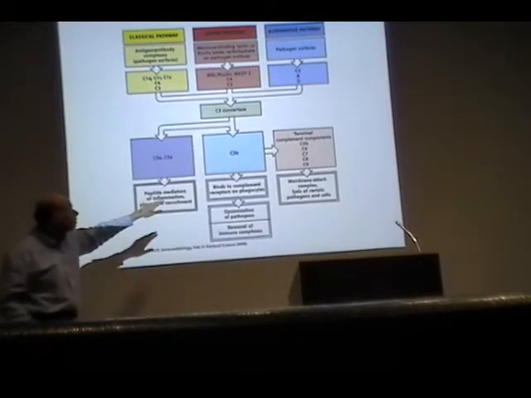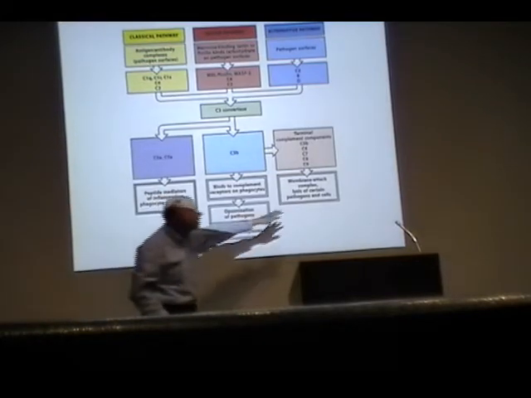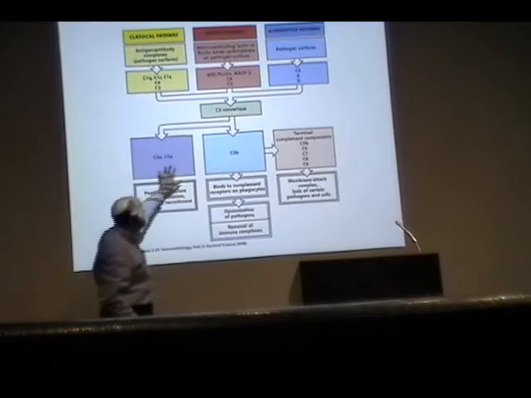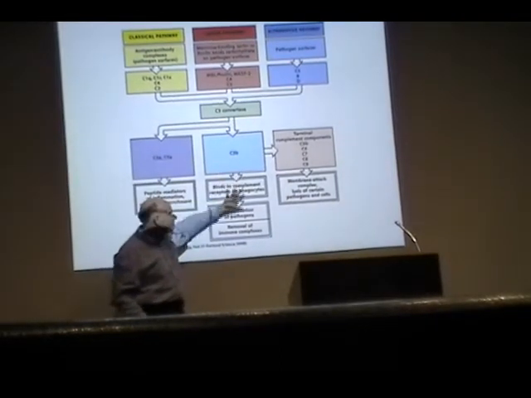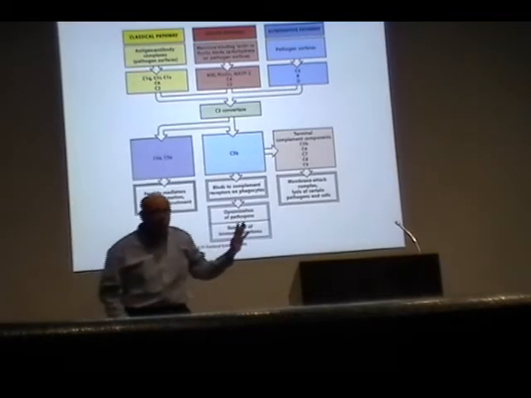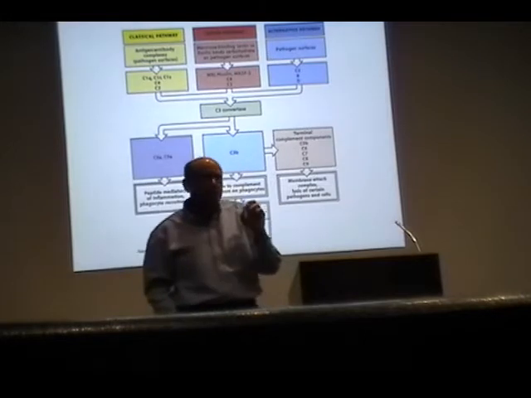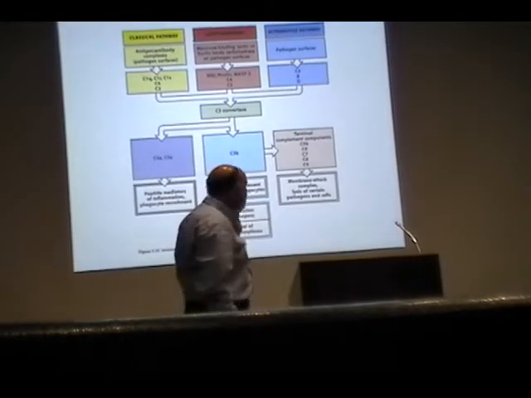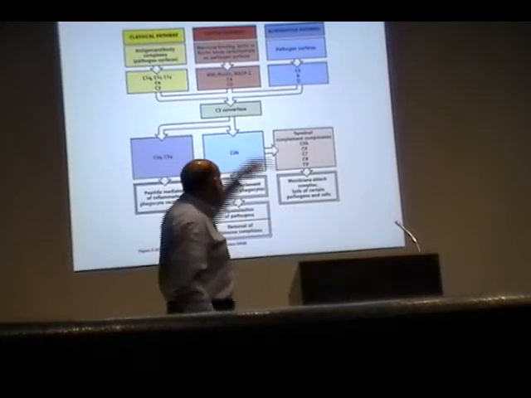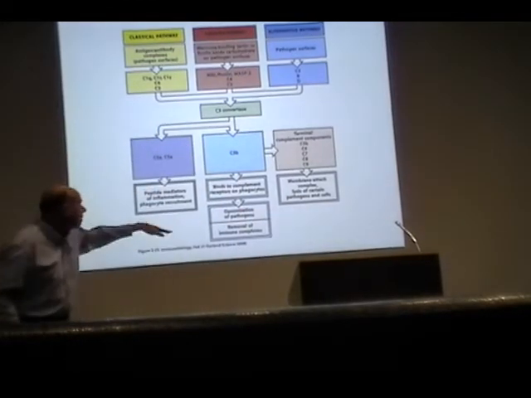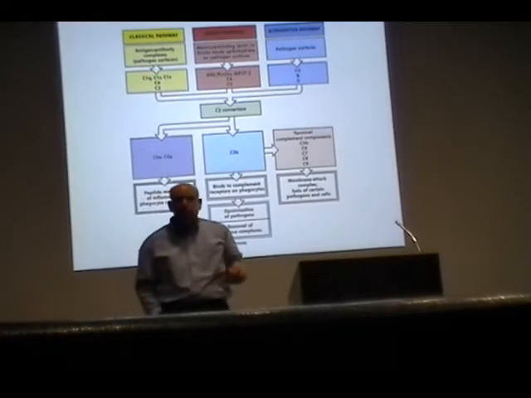Once we get to C3 convertase, we can create the terminal attack complex, the membrane attack complex, we can create those immune mediators, we can create the opsonin pathway. So creating C3 convertase is the key to this. It's sort of the focal point for the entire pathway. Three pathways lead in, and four effector functions come out. Okay?